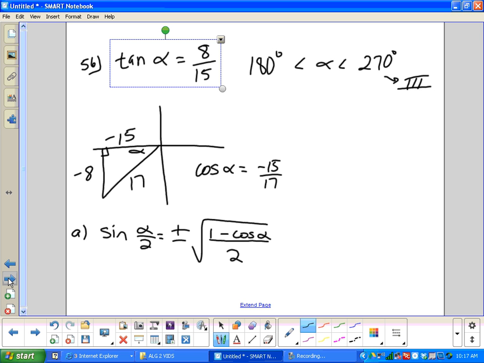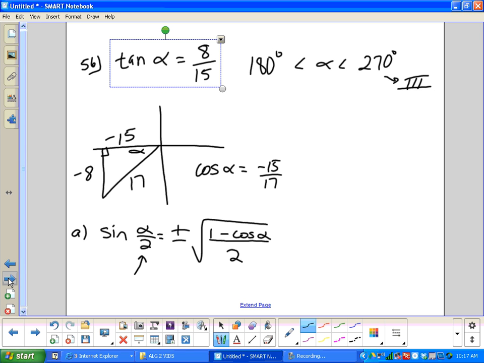What I'm afraid that you're going to do is say, well, I'm in quadrant 3, and sine is negative in quadrant 3. And that's wrong. Sine is negative in quadrant 3, but what are we trying to find the sine of? The half angle. Are we trying to find the sine of alpha? No. We're trying to find the sine of alpha over 2.